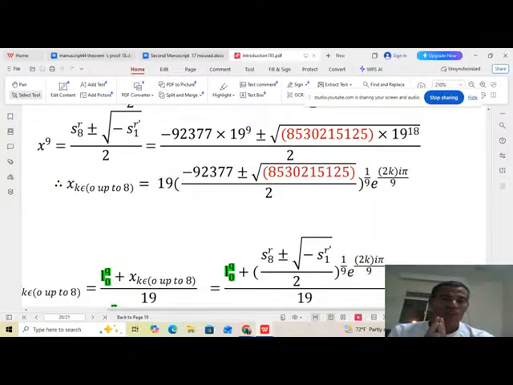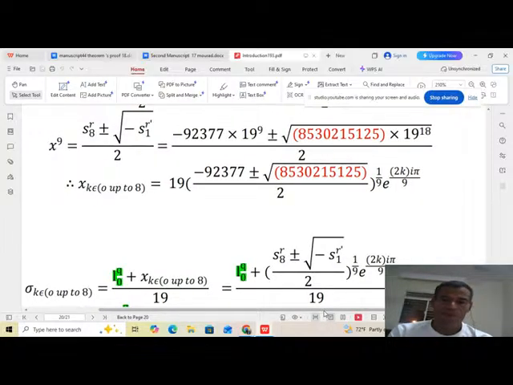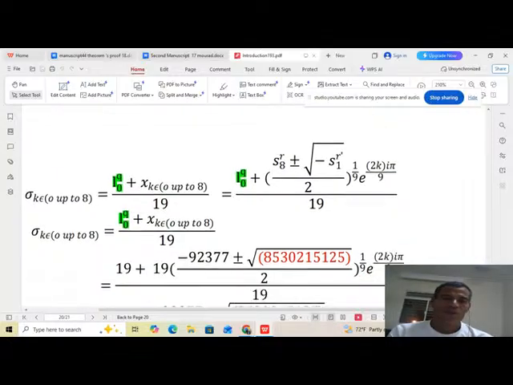To find now the alpha or sigma k, you just make a substitution. So alpha or sigma k, from 0 to 8, is L0 plus xk, from 0 to 8, all divided by 19. So this is the formula. I just substitute xk with that, and immediately replace L0 with 19 and xk with that.